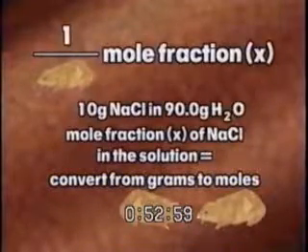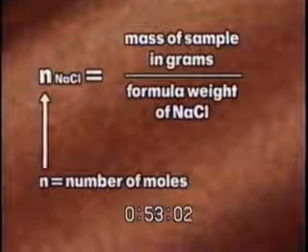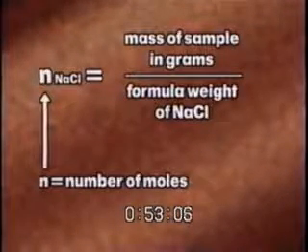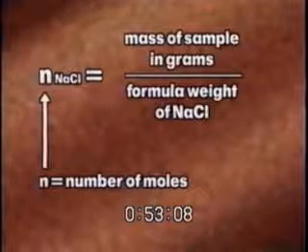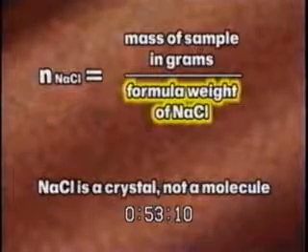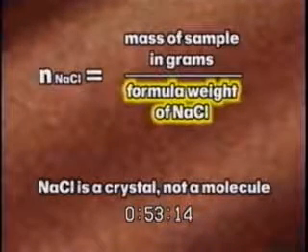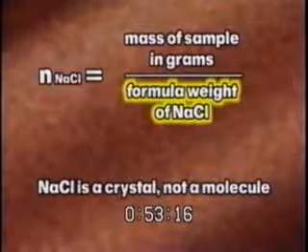We'll convert from grams to moles using the simplified version of the conversion equation we talked about earlier. That's the mass of the sample, 10.0 grams, over the formula weight of NaCl. Now remember, we use formula weight for NaCl because it is a crystal, not a molecule.